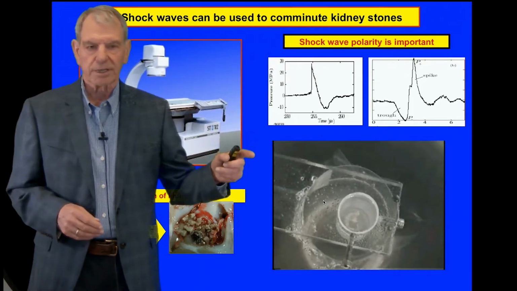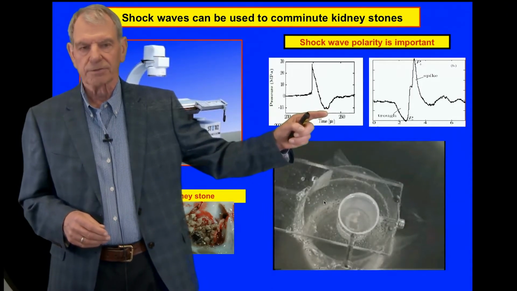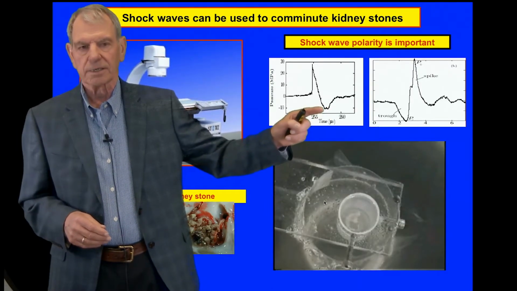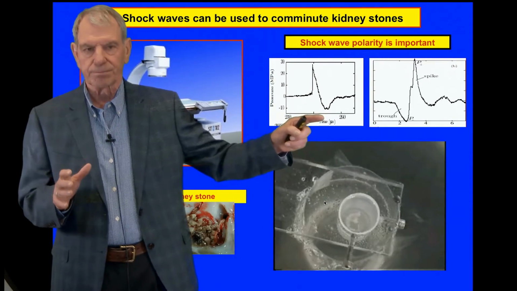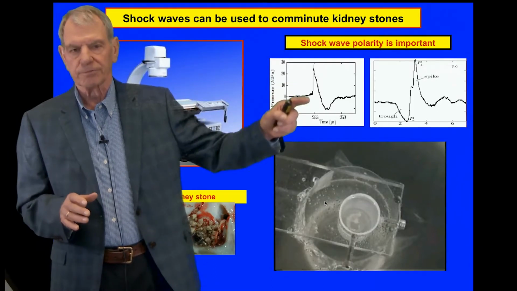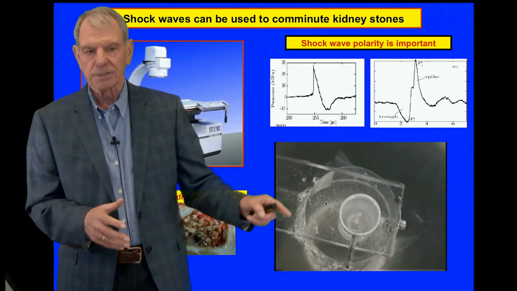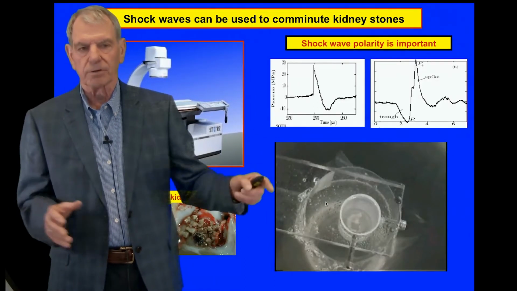It's important to recognize that it is cavitation in this sort of polarity, that is, if you have the positive pressure first and the negative pressure second, that allows these bubbles to grow.